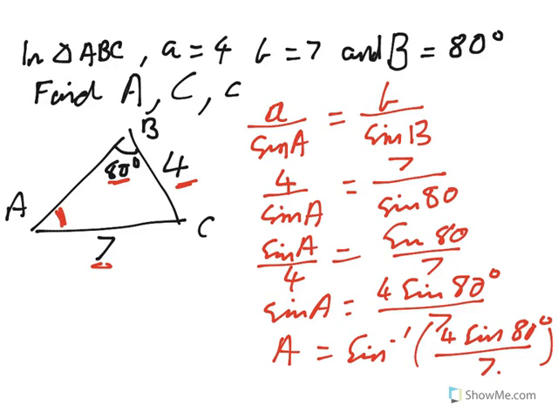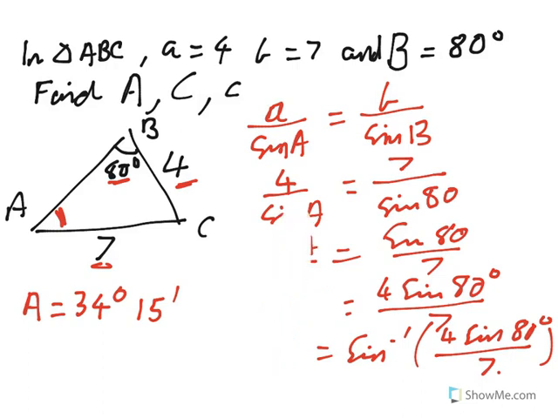And so when you do all of that in your calculator, you'll find that A is 34 degrees and 15 minutes. Alright, so there's that, we found that bit.